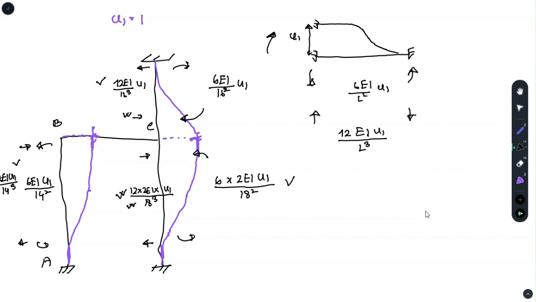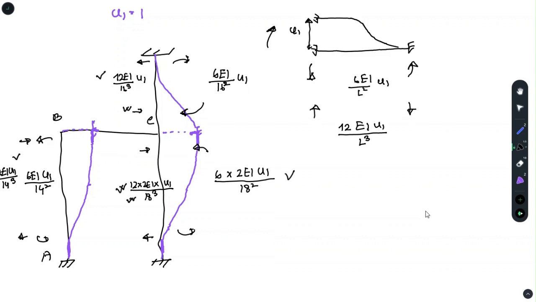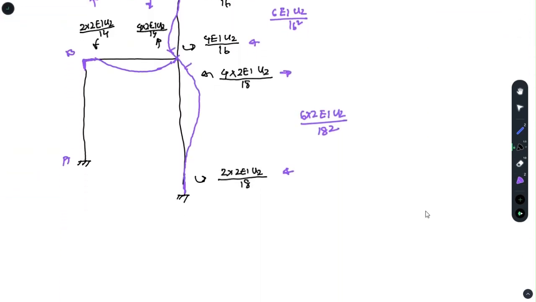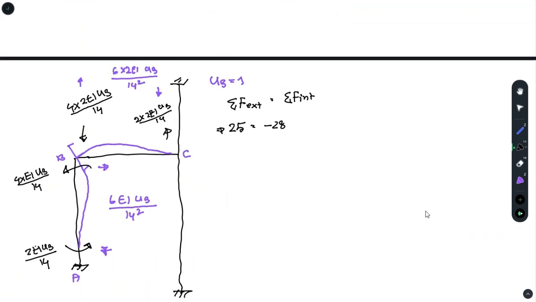After the application of Doki E1, all the reactions are right directed, so they will be positive reactions: 12 EI over 14 cubed, 12 EI over 16 cubed, and 12 multiplied by twice EI over 18 cubed.